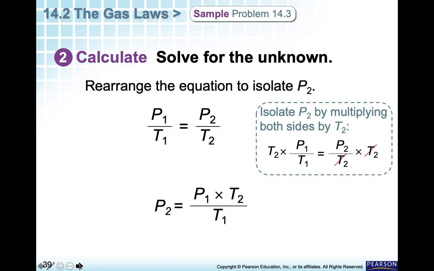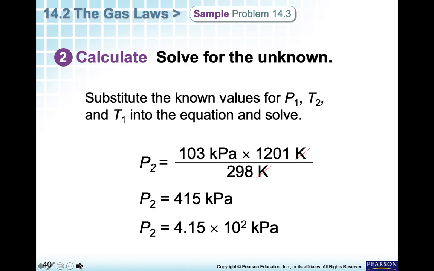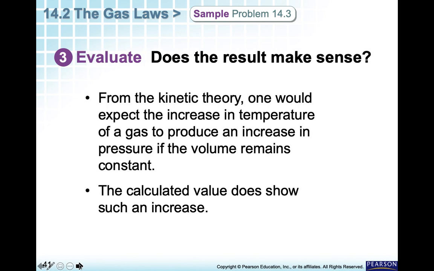Notice again, the temperatures are inverted. And when we substitute everything in, we get that the pressure will now be 415 kilopascals, which is about 4 atmospheres of pressure. That's pretty high.